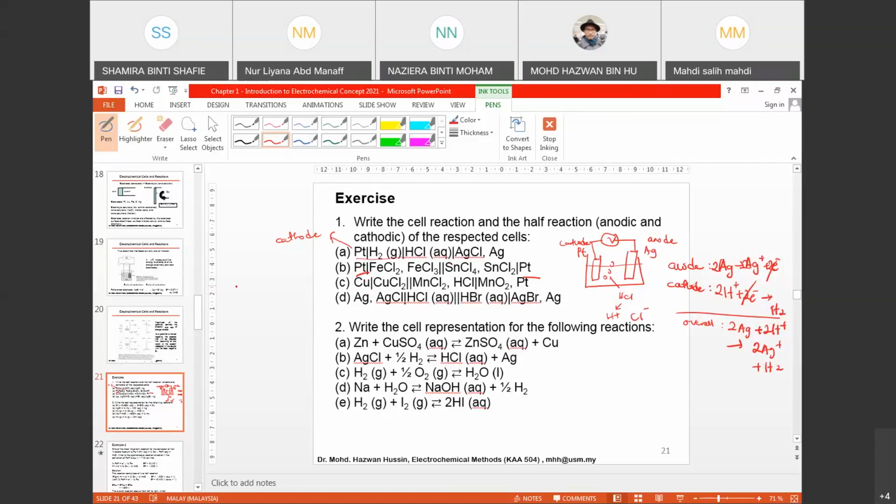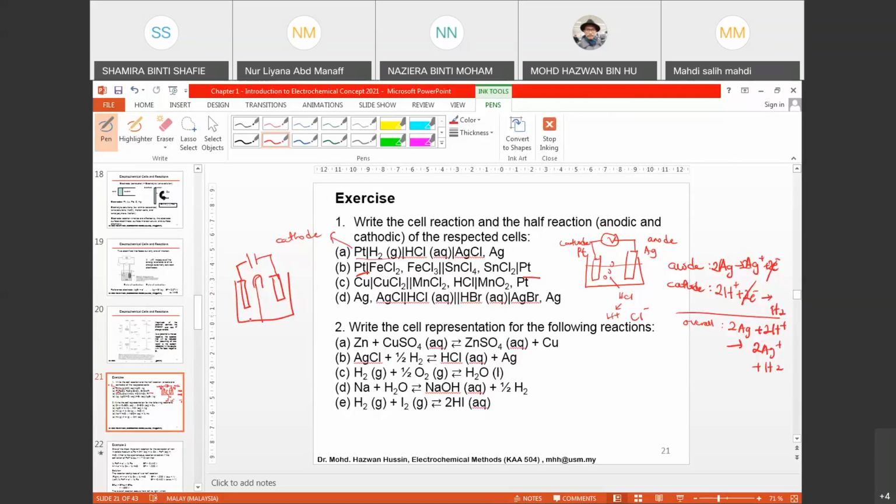You can imagine they are using platinum, maybe positive, negative, and then there's a septum and maybe a salt bridge.